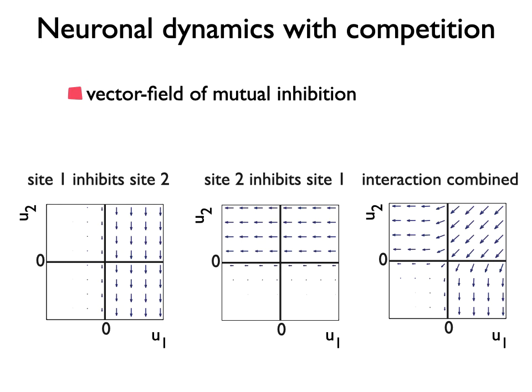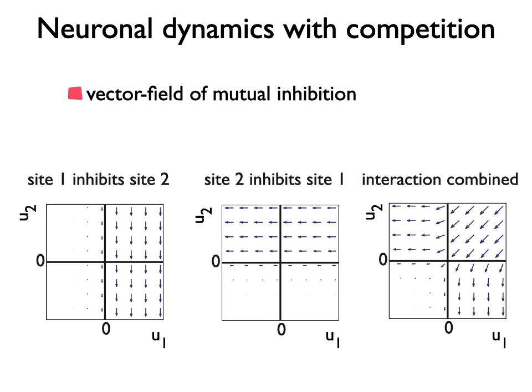And similarly, the influence of the second neuron on the first is again a vector that points in the negative direction for U1, but it's only present where U2 is positive.